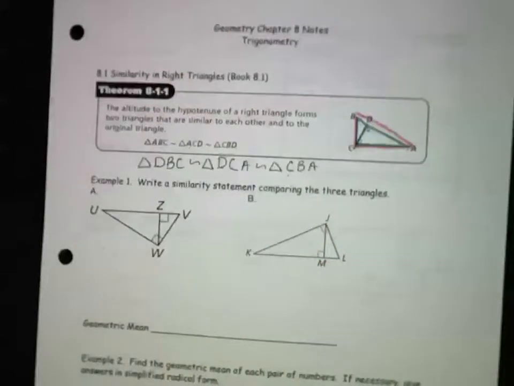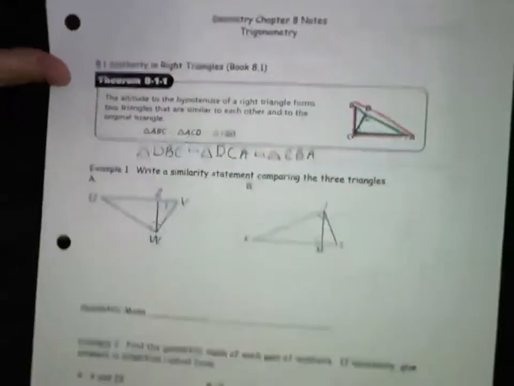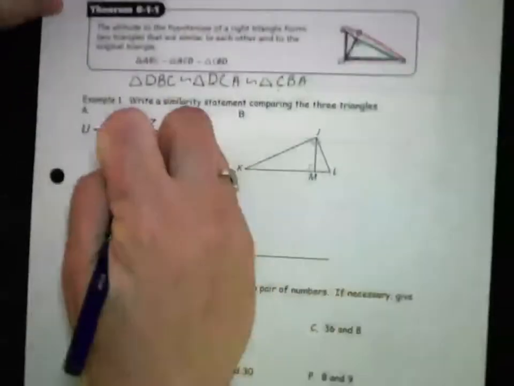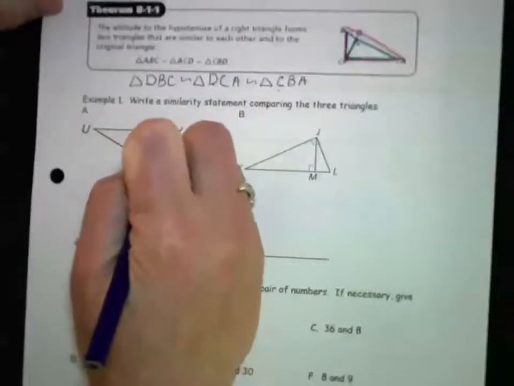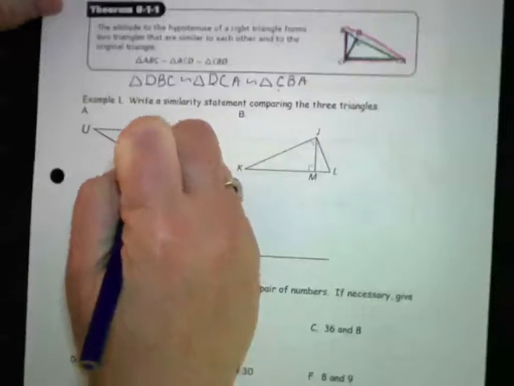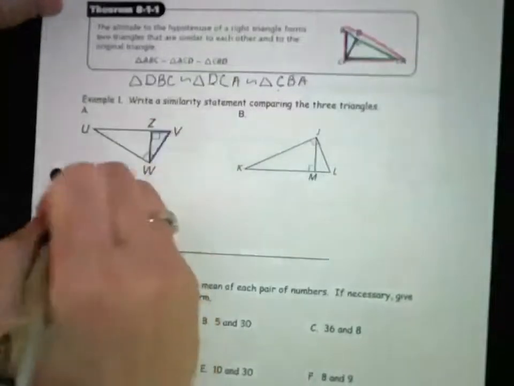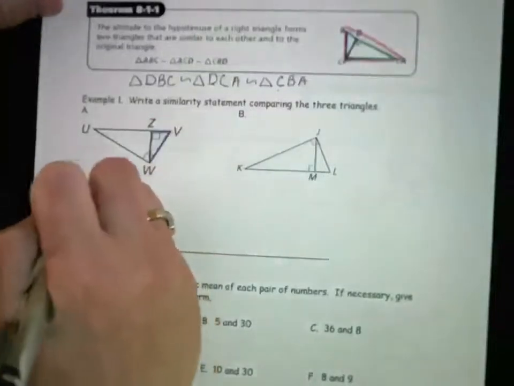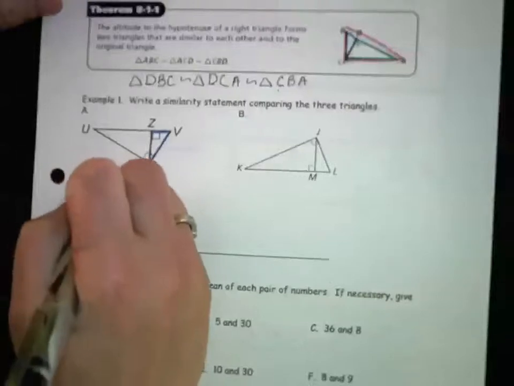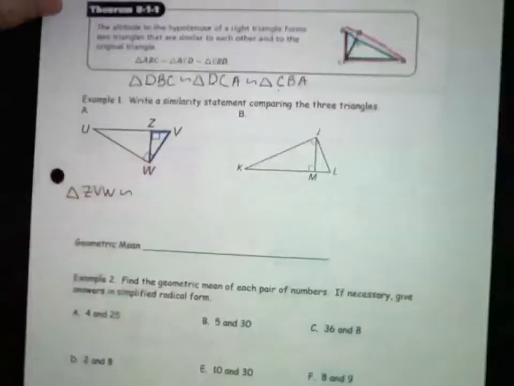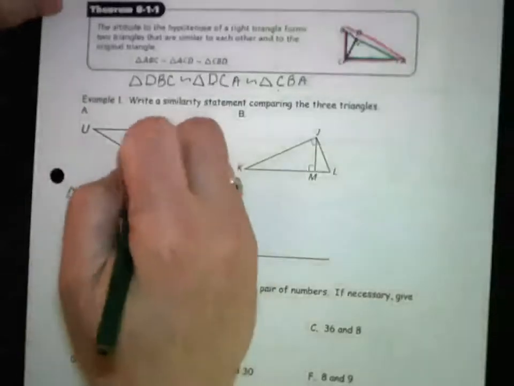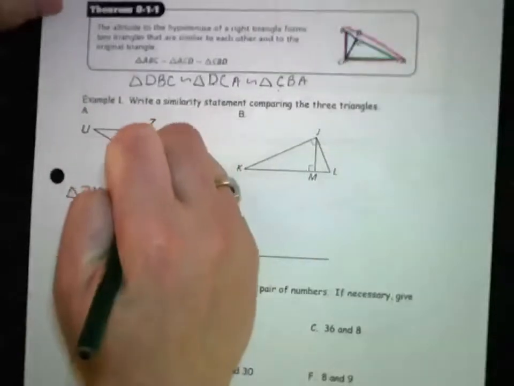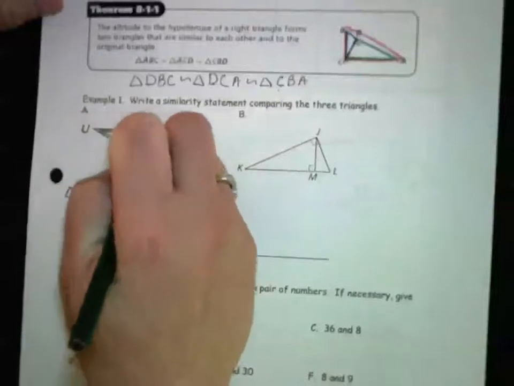So we have two examples here where you're asked to write a similarity statement, and I'm going to color these in again. I'm going to start with my blue triangle. I'm going to go from the right angle across the short side across the hypotenuse. So my first triangle is triangle ZVW. The second triangle, start with my right angle, go across the short side, and then across the hypotenuse.